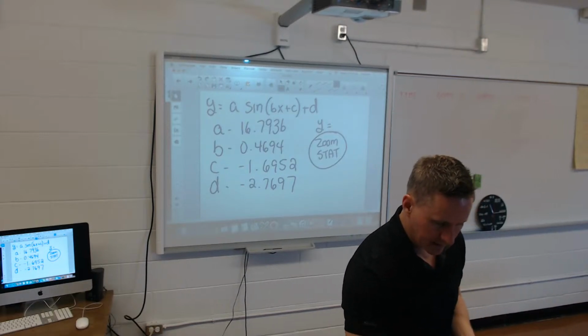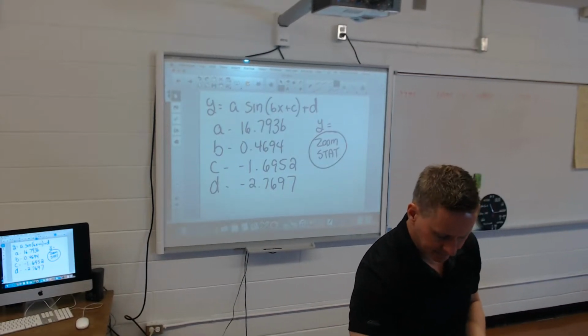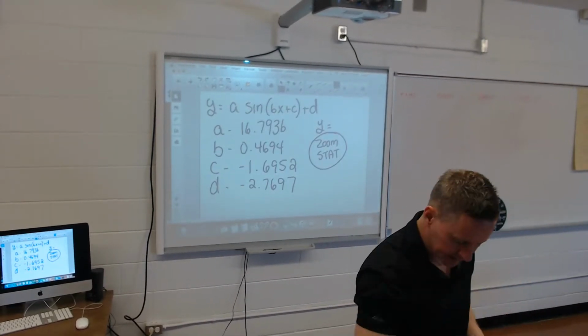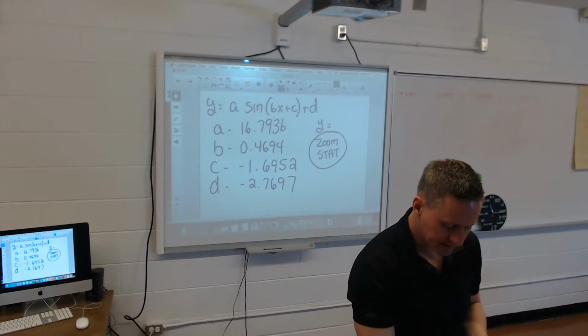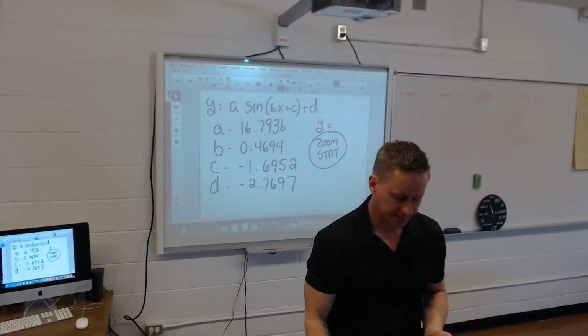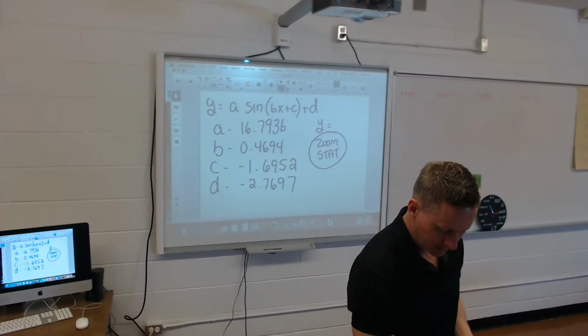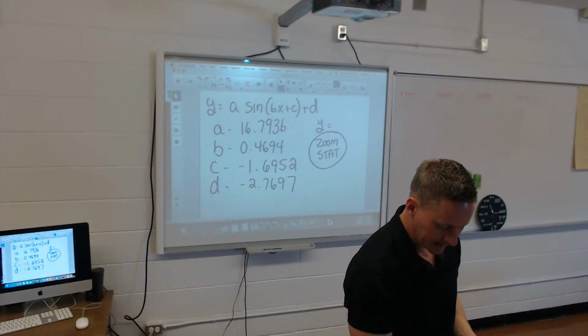So looking at the bottom of page 177, I let X represent my months, let Y represent my temperature, and it says use a COAST model to graph it.